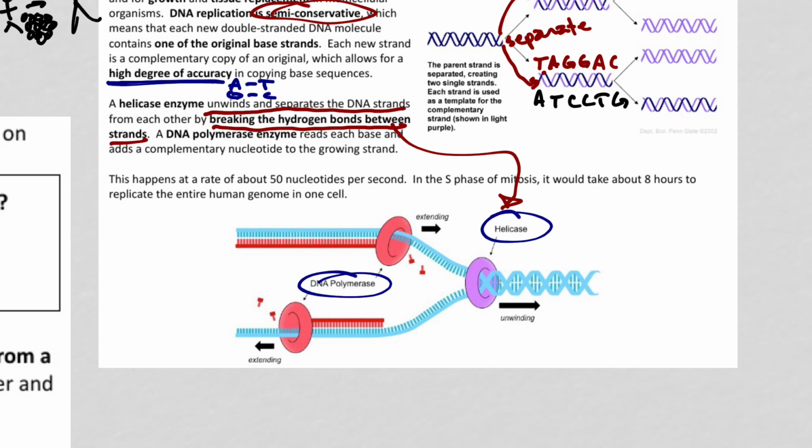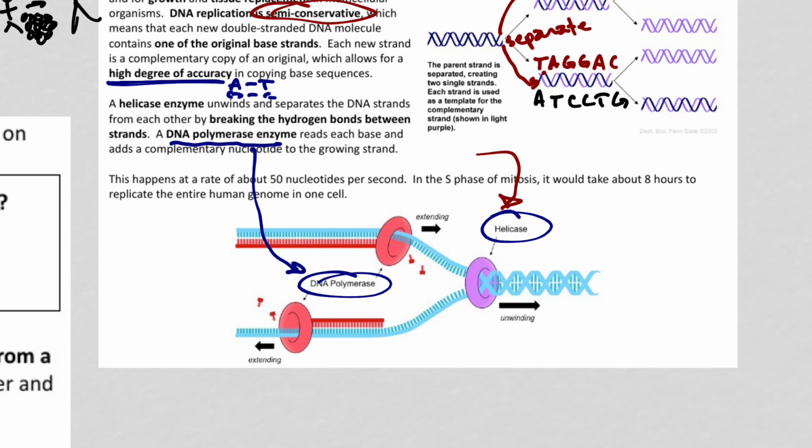Now, DNA polymerase is our next one. The DNA polymerase enzyme, well, it's going to act on the DNA. It's a polymerase, which means it's going to build a long chain of something. So what DNA polymerase does, let's clear some space here.